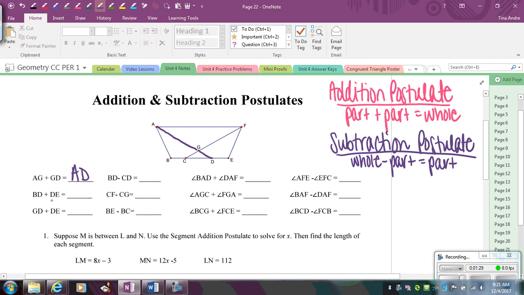And then BD, this piece here, plus DE. That part plus this part over here will be equal to the entire thing, so BE. So all I'm doing here is just filling in the blank. So GD plus DE.